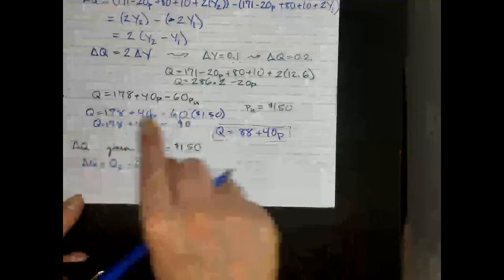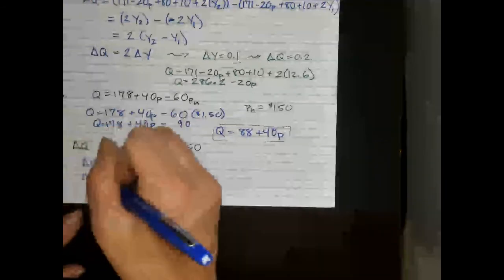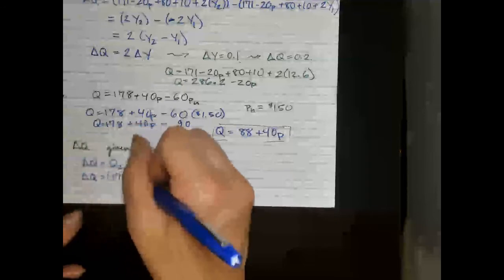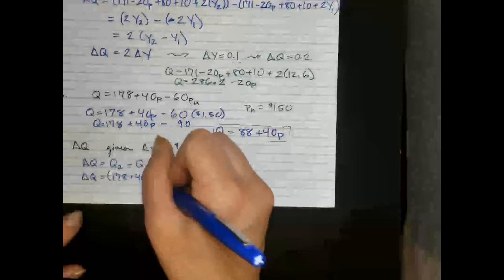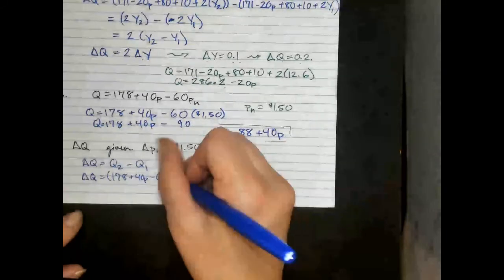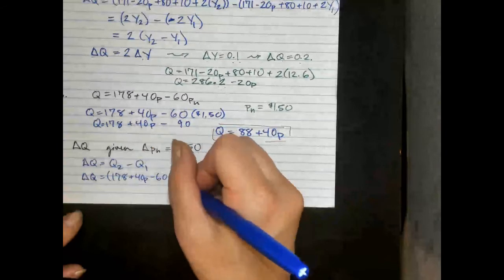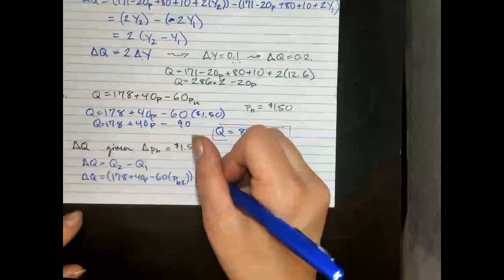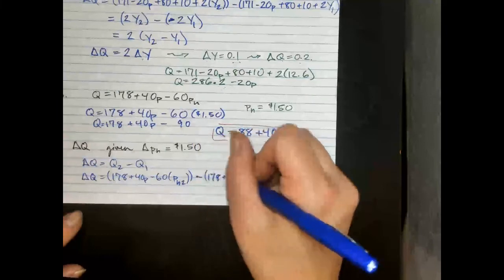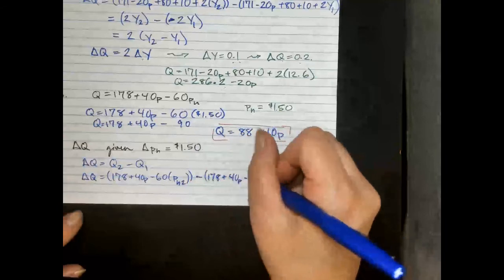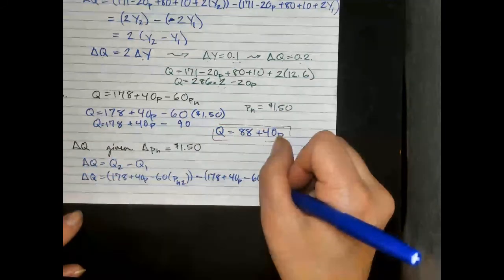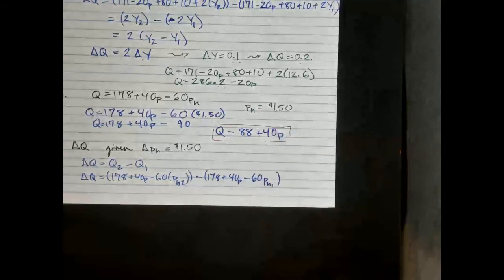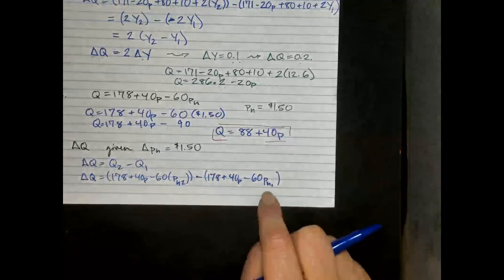In our equation, we have change in Q is equal to 178 plus 40p minus 60 times PH2, minus 178 plus 40p minus 60 times the initial price. And now we want to use the initial price of hogs, right? So here's that second price of $3, and here's the initial price of $1.50.